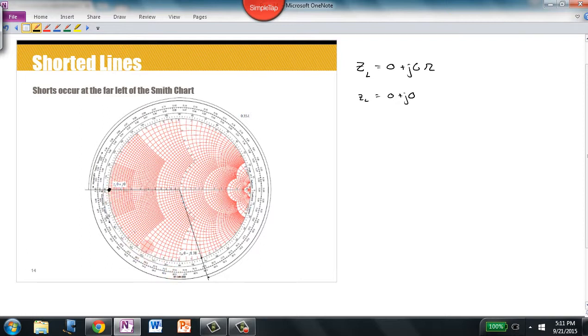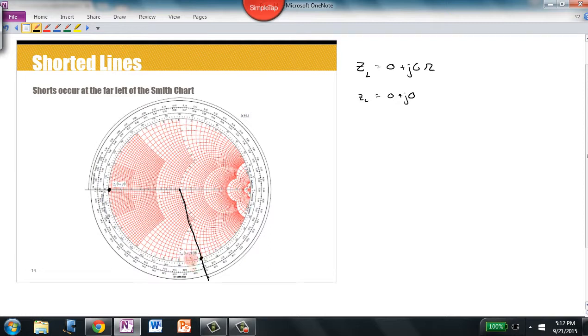That would rotate us in this direction, so we rotate a full 0.35 lambda clockwise, and we would then draw our line from here on out, and we would find the intersection of that line with the operating circle, which in this case is that outer perimeter. We would find out that our new input impedance is 0 minus j1.38.